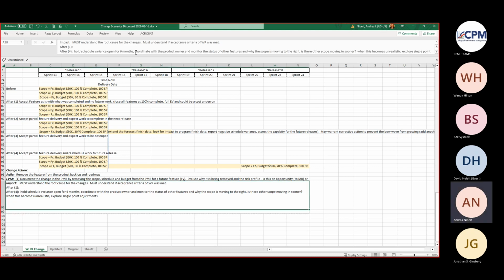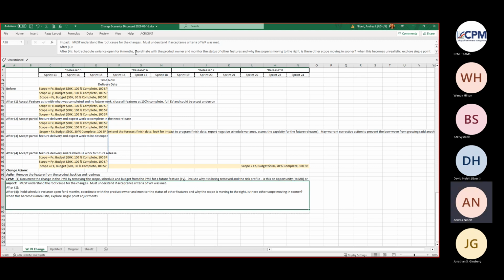Yeah, and I'm with you, David. When I start seeing stuff move to the right all the time, and they're not pulling anything back to the left, that is the bow wave. And I'm actually grateful that we can see it because of our Agile implementation.